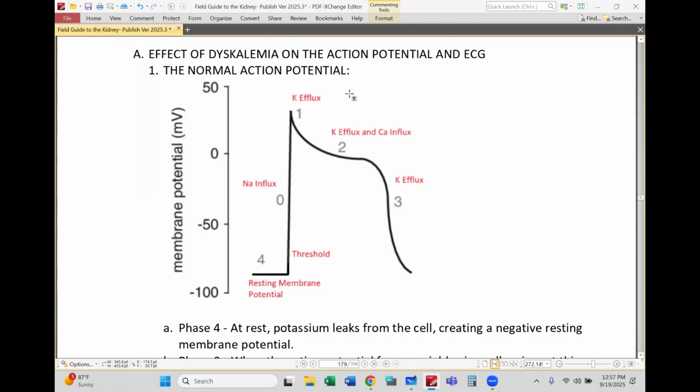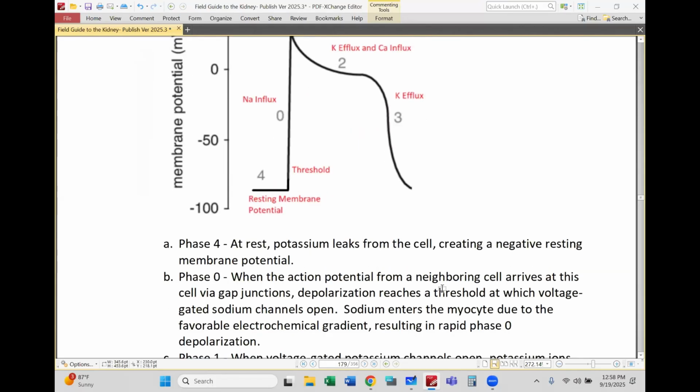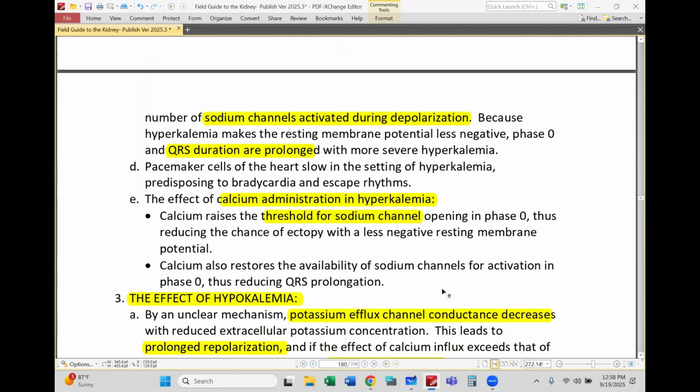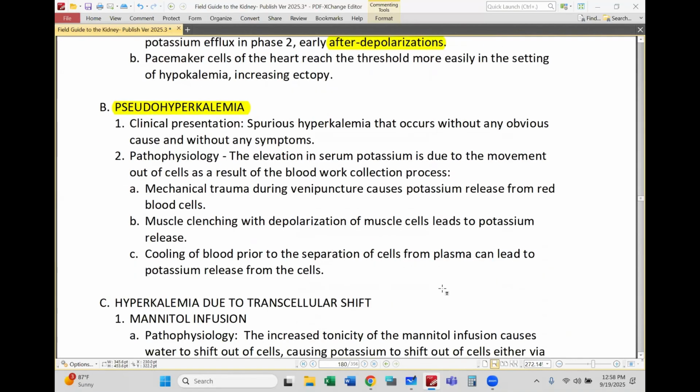But if I have a tourniquet on this limb, this repolarizing muscle cell is going to cause a pseudo hyperkalemia because you're sampling that ECF K that is not being returned back to circulation because of the presence of a tourniquet. Okay, so these are again some of the causes of pseudo hyperkalemia to be aware of.